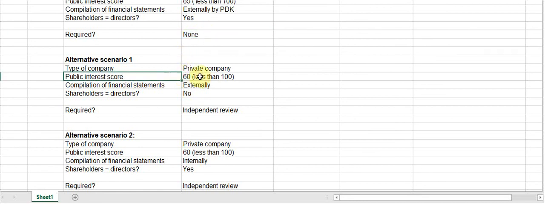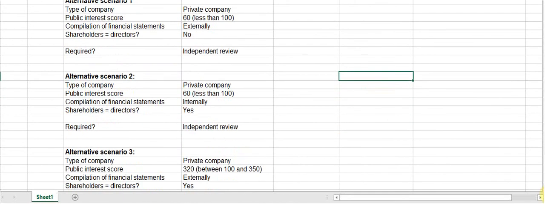Again, in scenario 1, it was less than 100, but there was no conflict of interest because it's externally compiled and the shareholders are not directors. So here we would have an independent review, simply because the shareholders are not the directors, and the directors would have to provide the shareholders with some kind of assurance that the financial statements are reliable.